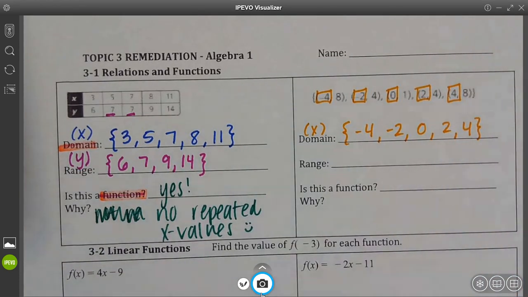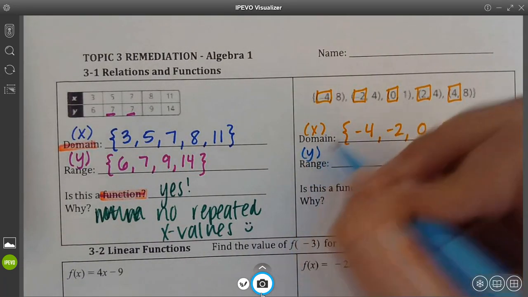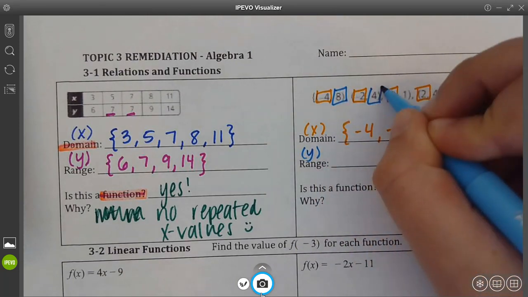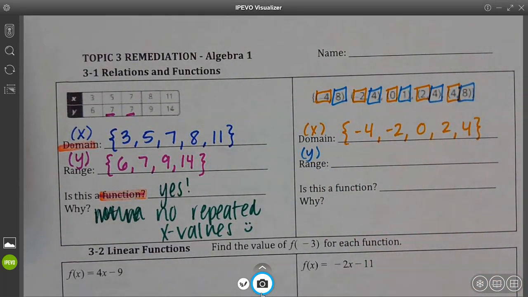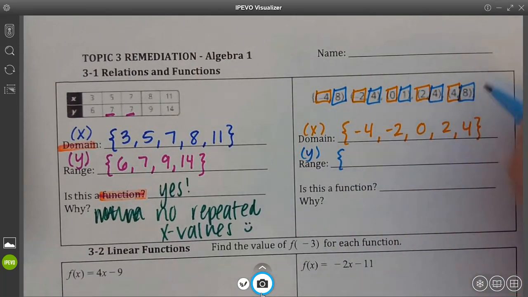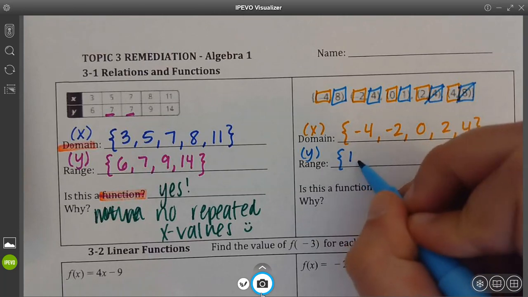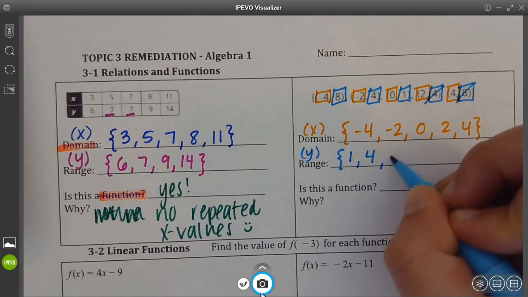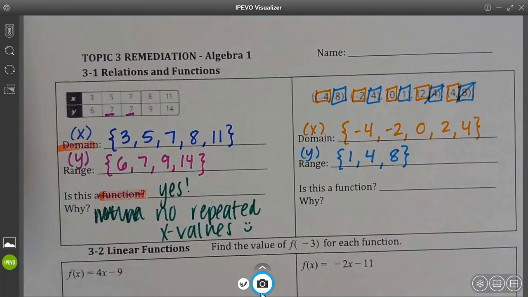I'm going from smallest to largest, and there are no repeated x values. Now we can do the same thing for our range. This is y. We've got 8, 4, 1, 4, and 8. So I've already got an 8 and I've already got a 4, and I'm going to put it from smallest to largest. So I'm going to do 1, 4, and then 8. So that list gets a little bit smaller.